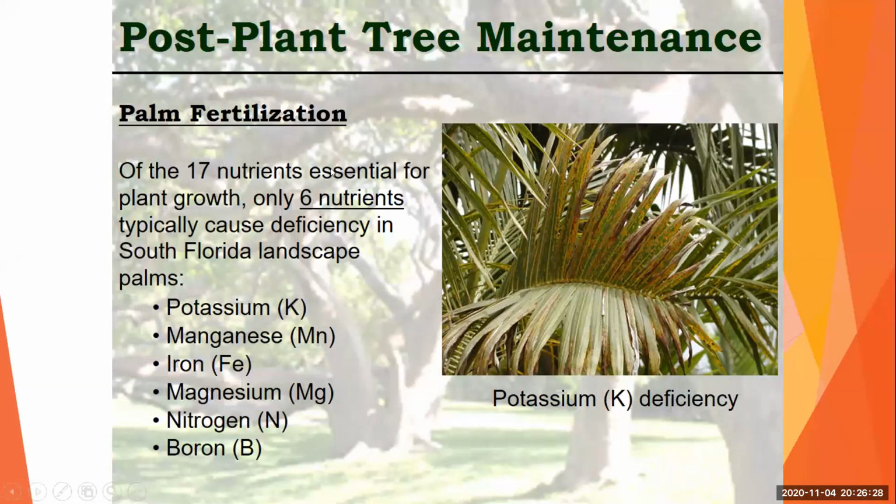Okay, palm tree maintenance, we talked about this one. Potassium, manganese, and iron are for palm fertilization. Palms, trees, and grasses are totally different. Grasses need more nitrogen and more iron, and palms need more potassium, manganese, iron, nitrogen, and magnesium.